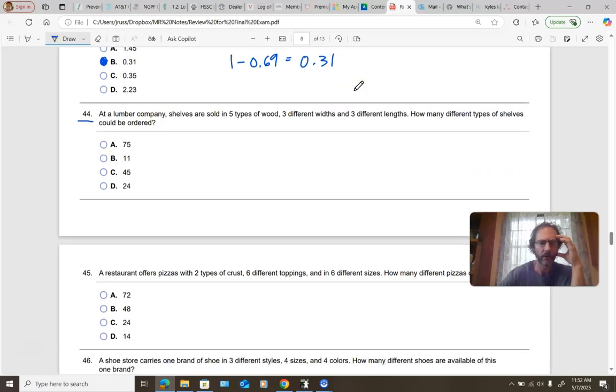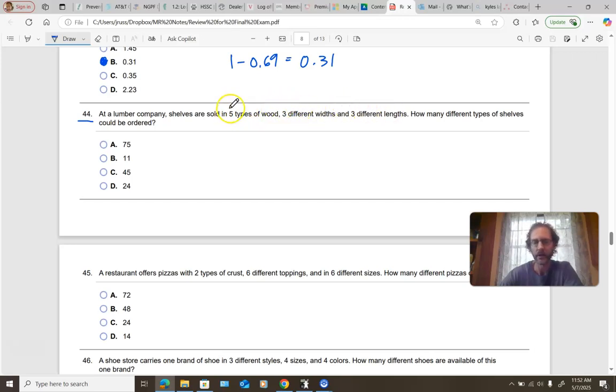Okay, number 44. At a lumber company, shelves are sold in 5 types of wood, 3 different widths and 3 different lengths. How many different types of shelves could be ordered? For this one, we're going to utilize that multiplication principle, which said basically if you want to figure out the number of combinations, you multiply the number of ways each of these events could occur.